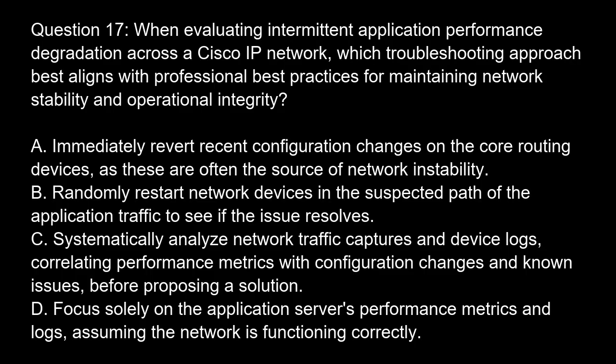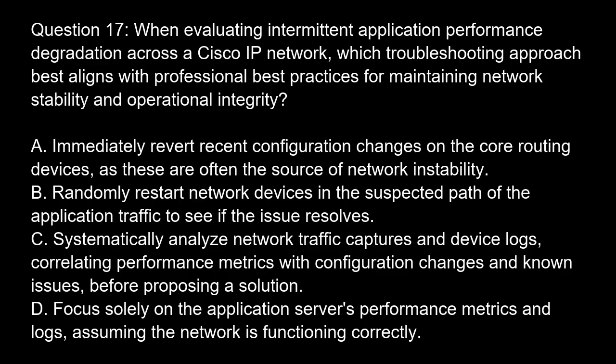Question 17. When evaluating intermittent application performance degradation across a Cisco IP network, which troubleshooting approach best aligns with professional best practices for maintaining network stability and operational integrity? Option A. Immediately revert recent configuration changes on the core routing devices, as these are often the source of network instability.